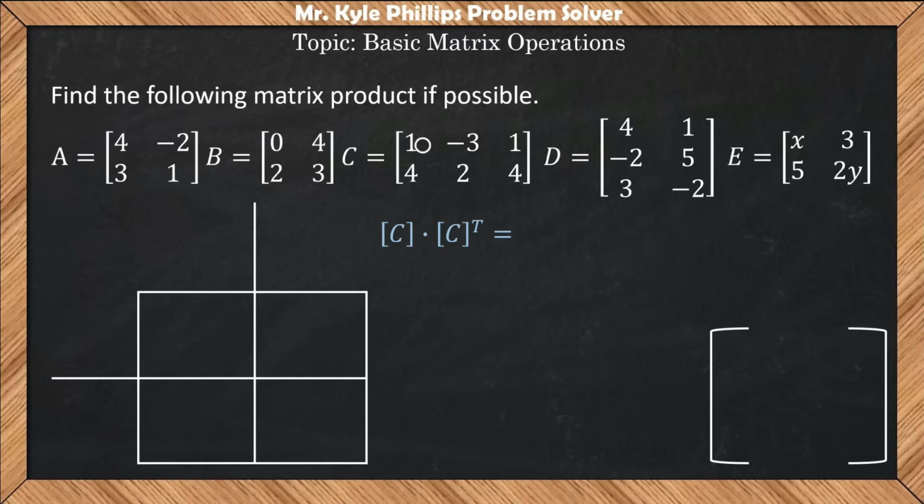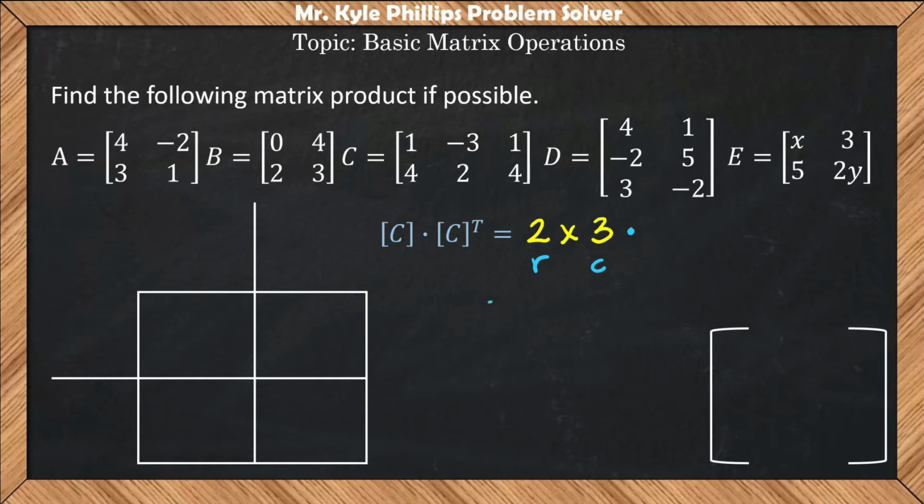Matrix C is a 2-row by 3-column matrix, so this is a 2 by 3 matrix. When you multiply by C transpose, your row and column numbers swap.